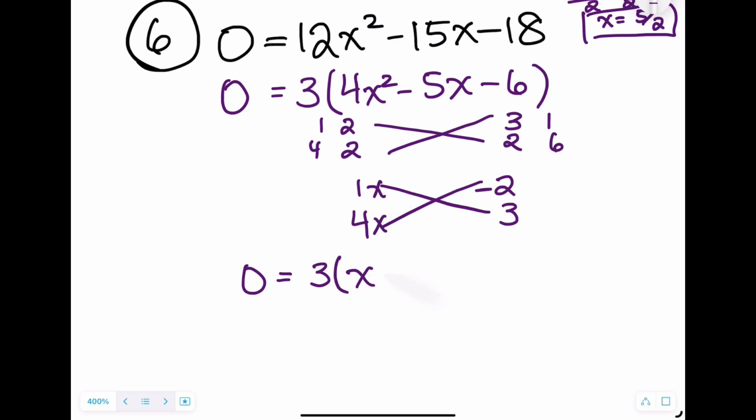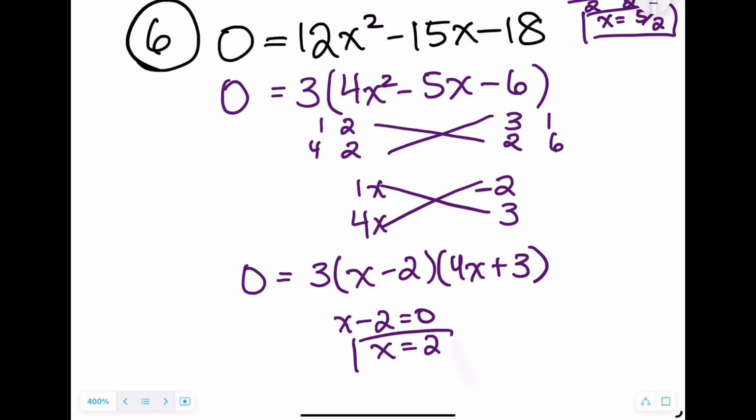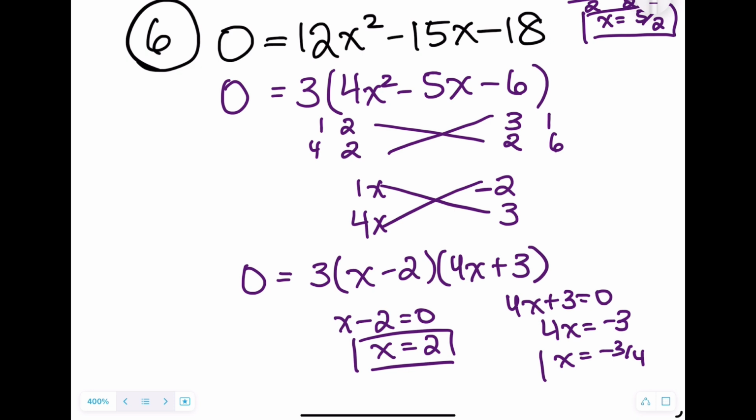So we have x minus 2, 4x plus 3, and we can now solve. So we have x minus 2 equals 0, so x equals 2, and 4x plus 3 equals 0, 4x equals negative 3, or x equals negative 3 over 4. And those are the solutions to this equation.